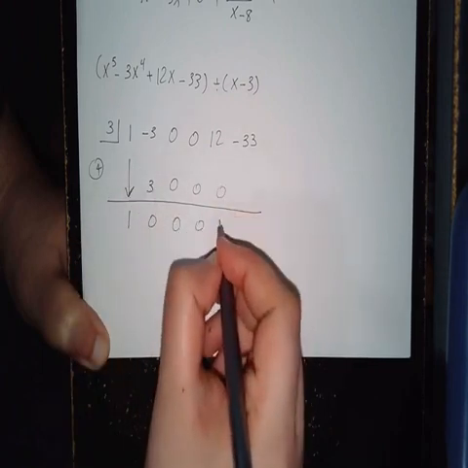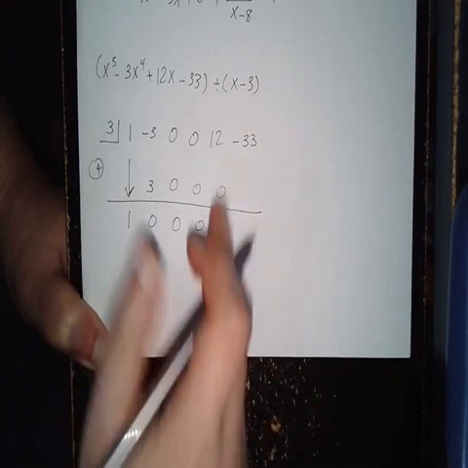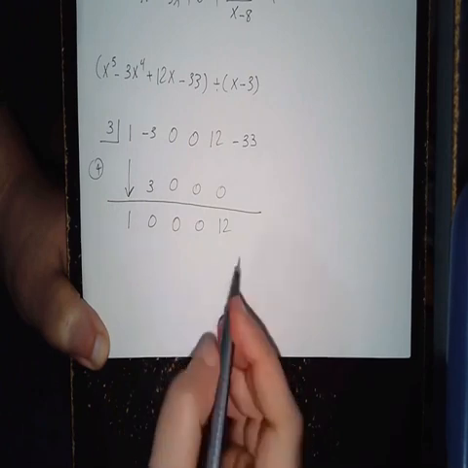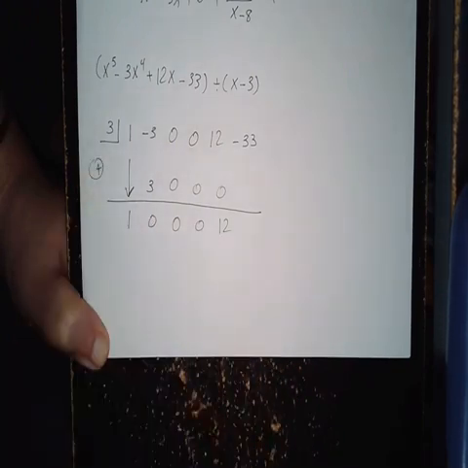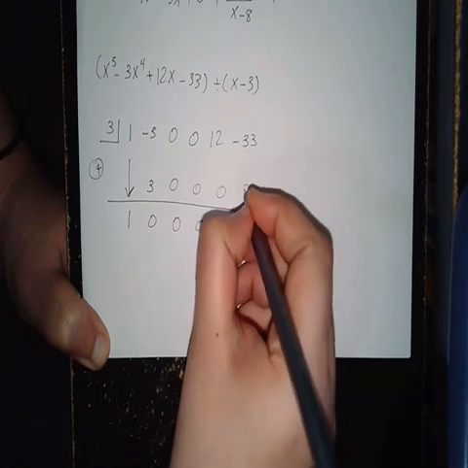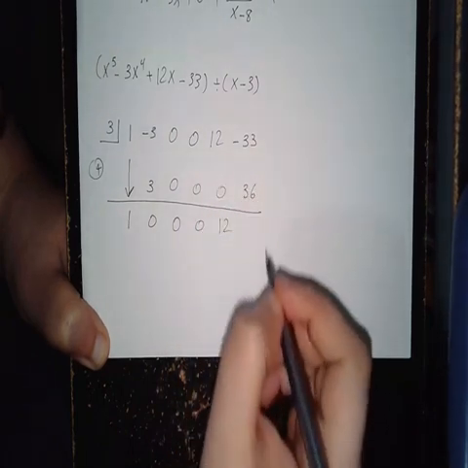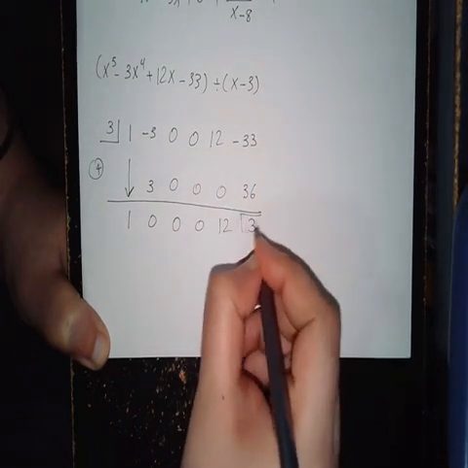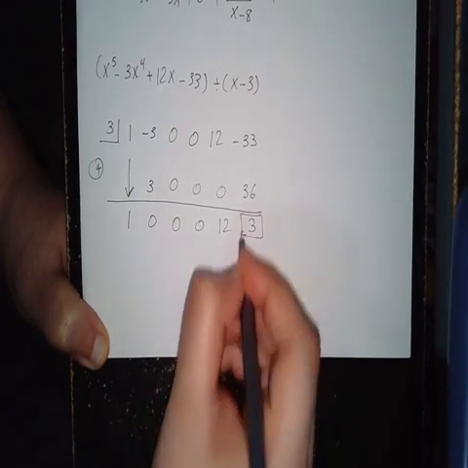Again, 0, and you end up with 12. Because when you add 0 and 12, you end up with 12. So 12 times 3 is what? 36. And when you add negative 33 and positive 36, the remainder is going to be 3. Right?